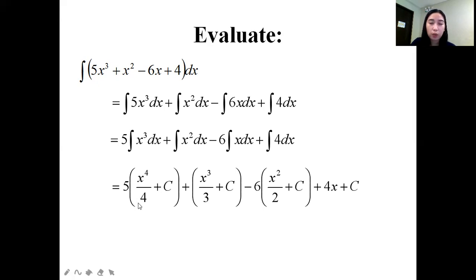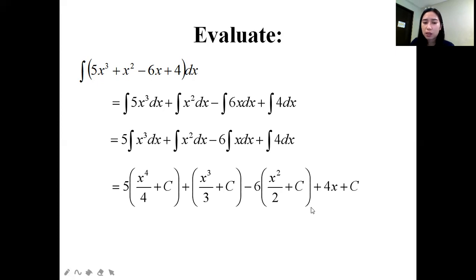So 5 x to the 4th over 4 plus c, plus x cubed over 3, because it is x squared, x to the 2 plus 1 is 3. So x cubed over 3 plus c, minus 6 x to the n plus 1, 1 plus 1 is 2, so x squared over 2 plus c, plus 4x plus c.